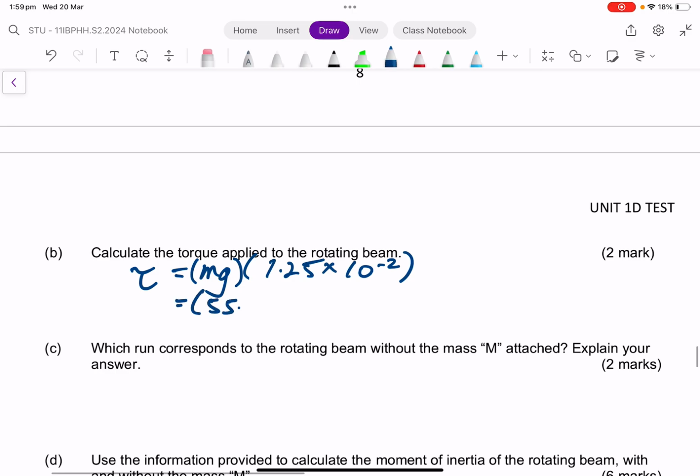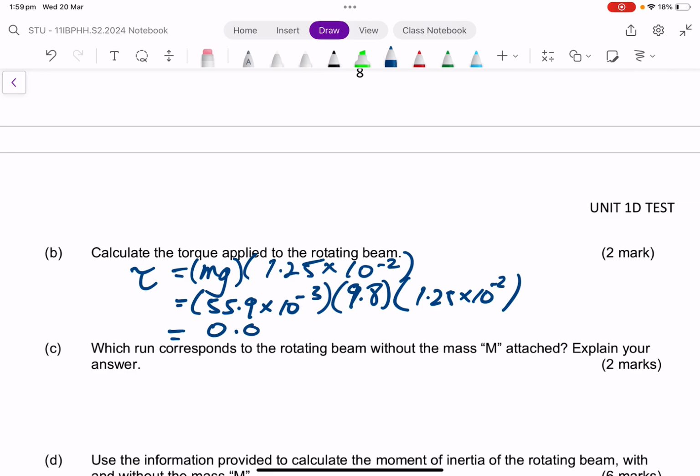Now guys, this is in grams, so I've got to convert it to kilograms by 10 to the minus 3. Let's go by 9.8, and then 1.25 by 10 to the minus 2. And you should get, I reckon, 0.00685 Newton meters, which is the unit for torque.